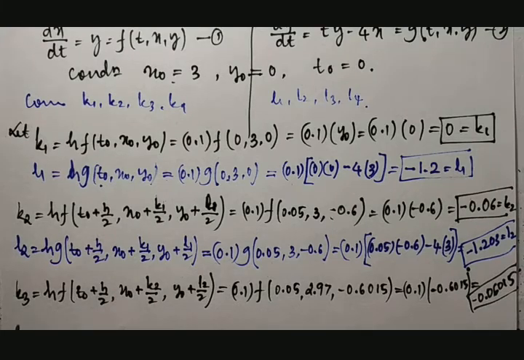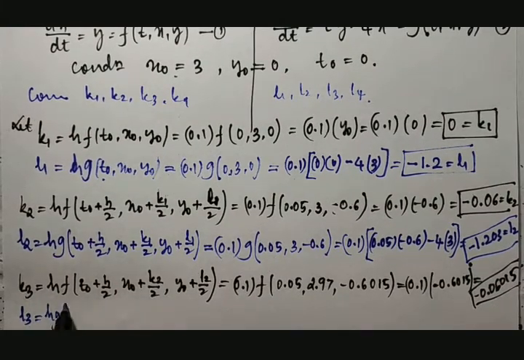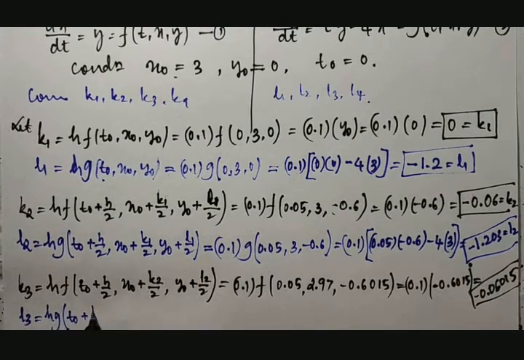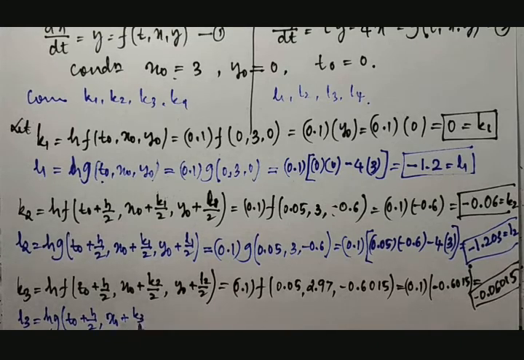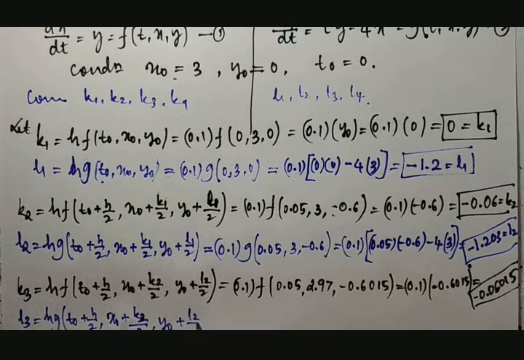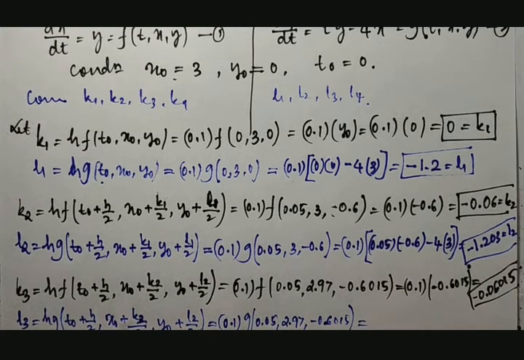Similarly, L3 is equal to h into g of t naught plus h by 2, x naught plus k2 by 2, y naught plus L2 by 2. That is 0.1 into g of 0.05, 2.97 minus 0.6015. Okay.